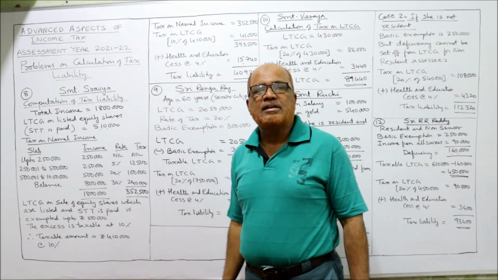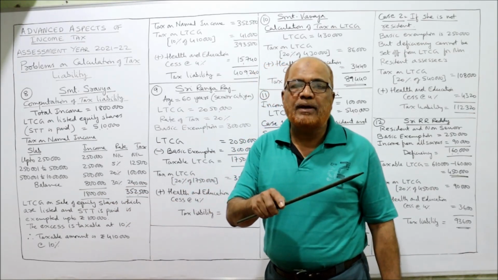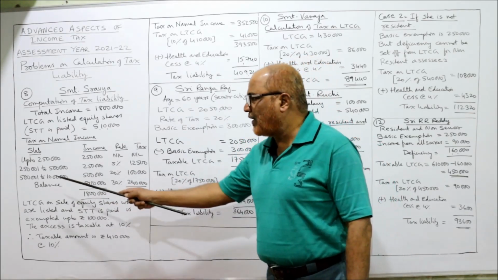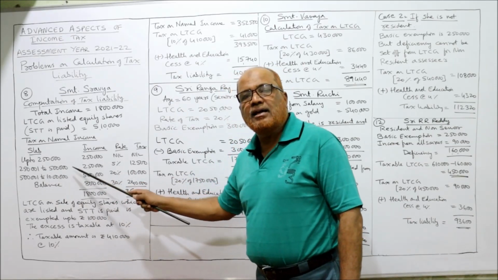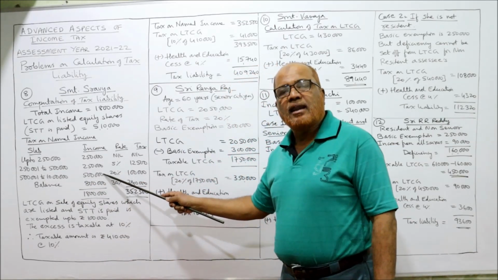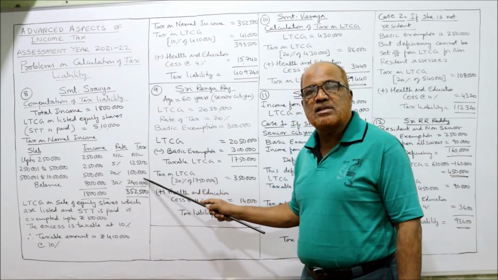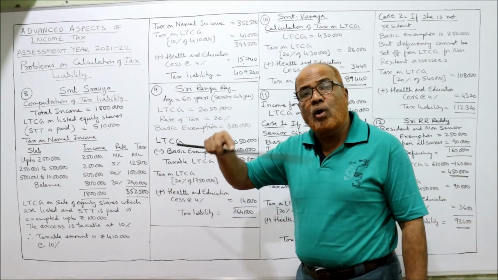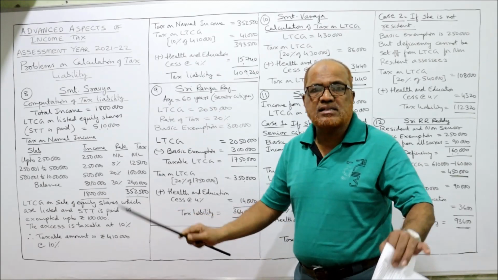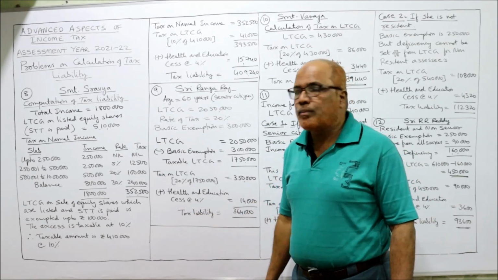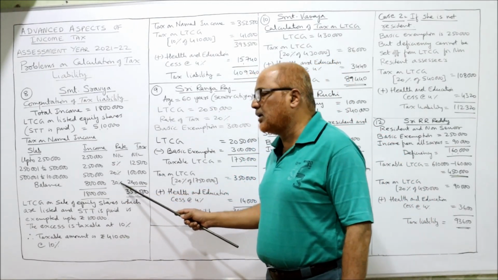The third slab is 5 lakh 1 rupee to 10 lakh. The income comes to 5 lakh and the rate of tax is 20%. So 5 lakh into 20% is 1 lakh. Now over 10 lakh rupees, that is the last slab, the rate of tax is 30%.